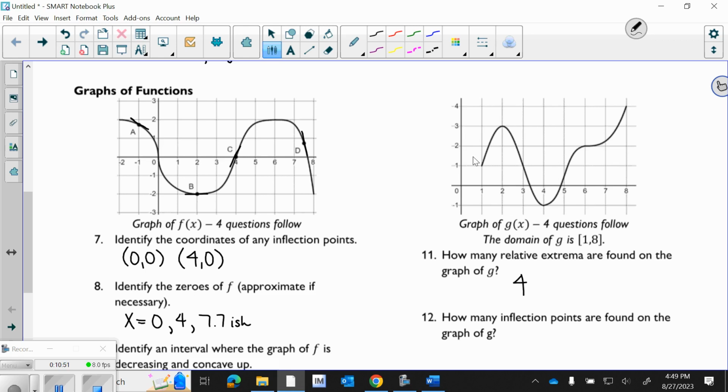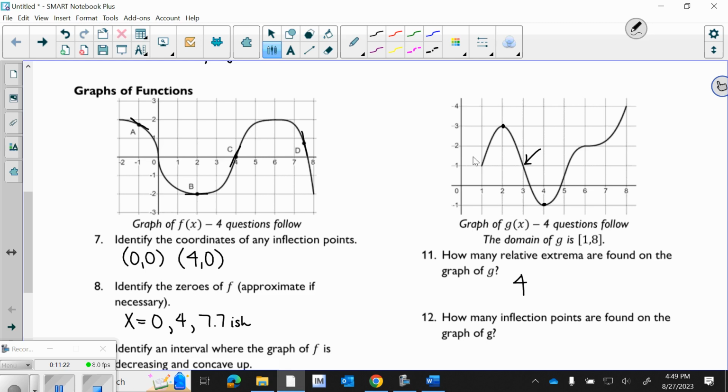Number 12, how many inflection points are found on the graph of G? Remember, your inflection points occur in between your maximums and your minimums. It's where we change from concave up to concave down. So I have a maximum at x equals 2 and a minimum at x equals 4. So I will have an inflection point in between those.